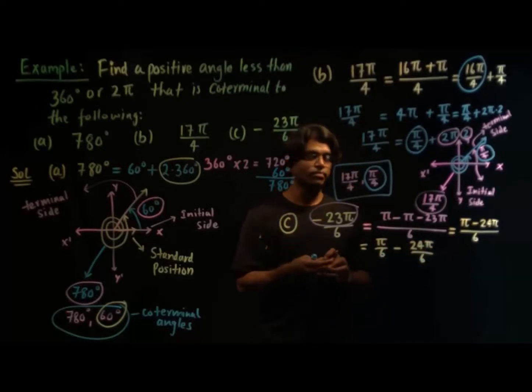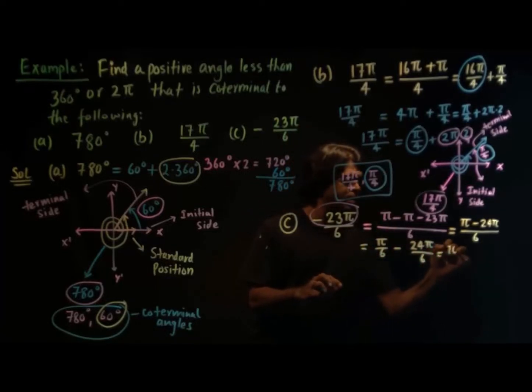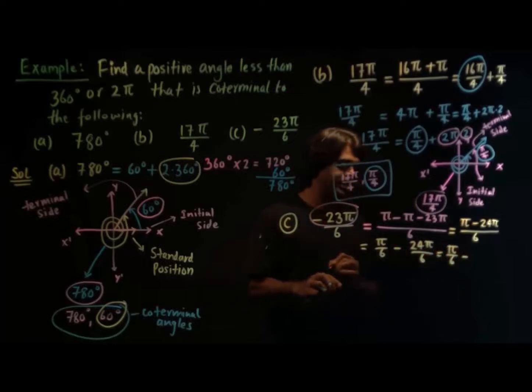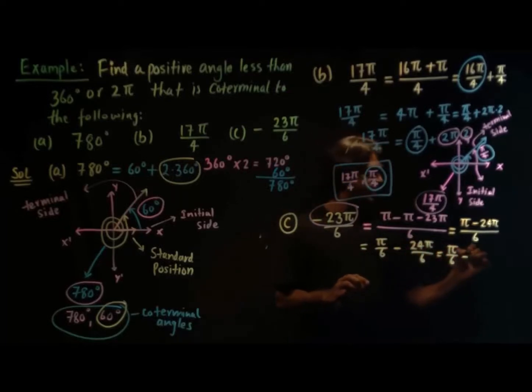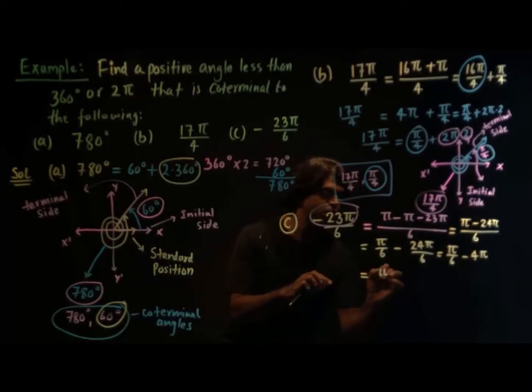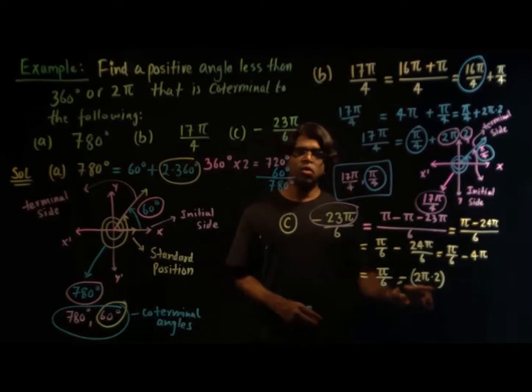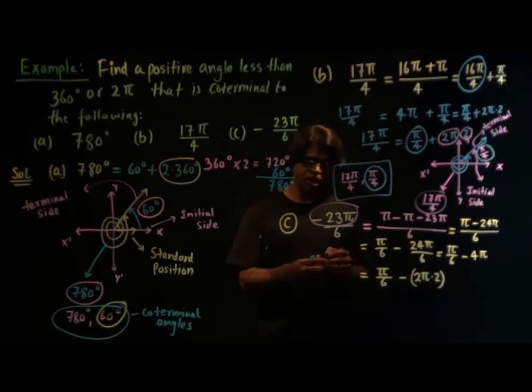Right? So if we simplify further, I have what? Pi over 6 minus 24 over 6 is 4 pi. Let's simplify further, and if we do that, we have pi over 6 minus 2 pi times 2. Right? So this is how we simplify.